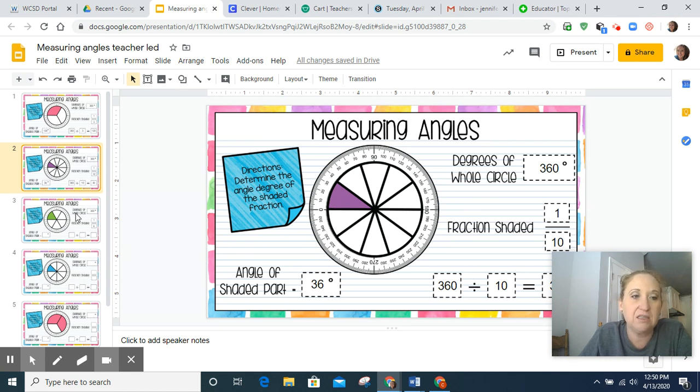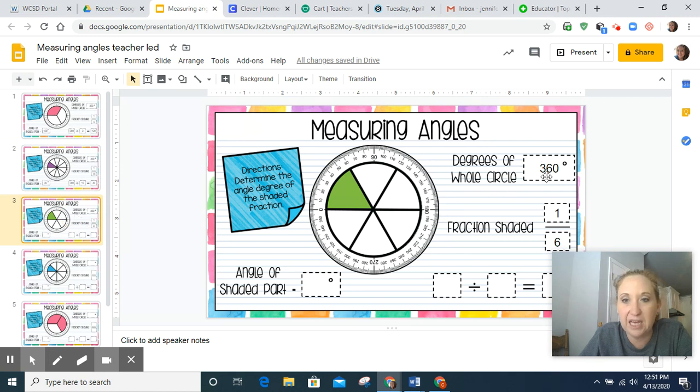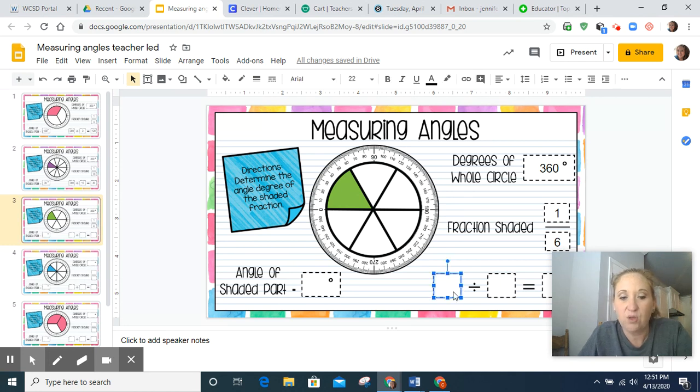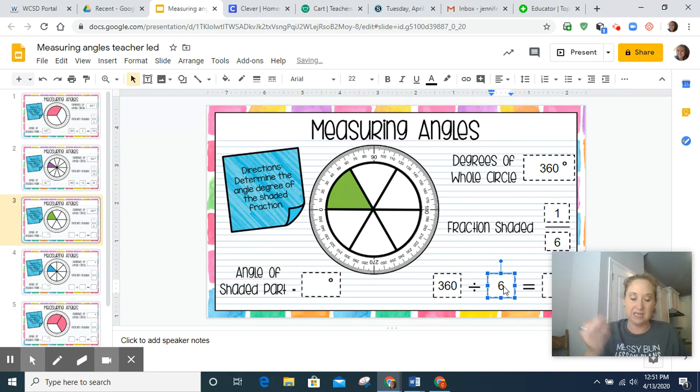Now let's look at another one that might not be as simple. So again, guys, we had 360 degrees. We have one section shaded in out of 6 total. So remember, that means we have to take 360 and divide it by 6. Now, if you don't remember that, I can easily do it this way, right?